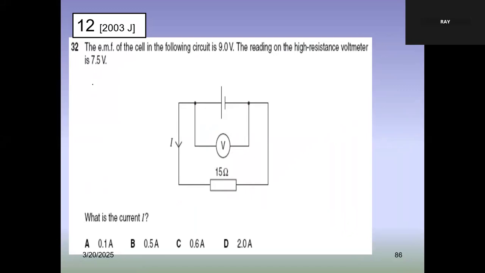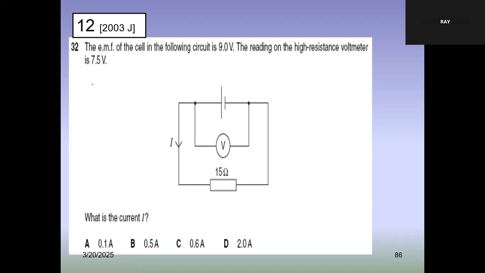What's the answer? This is 9 volt. The reading of the high resistance voltmeter is 7.5 across here. What's the current I?